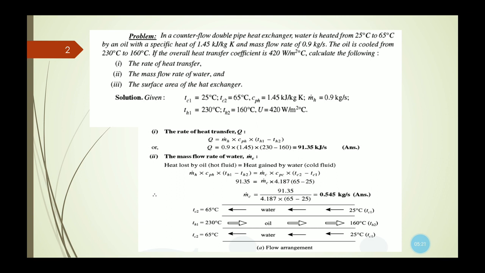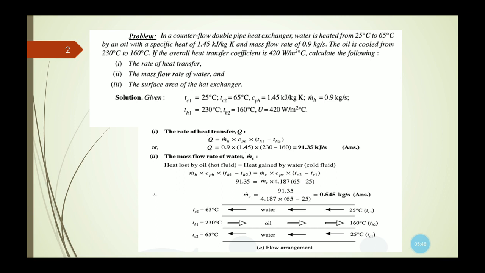So that is known to us. So heat lost by the hot fluid, that is m dot h cph multiplied by the temperature difference in case of the hot fluid, that is th1 minus th2, is equal to heat gained by the water, that is the cold fluid. So this is m dot c cpc multiplied by tc2 minus tc1.